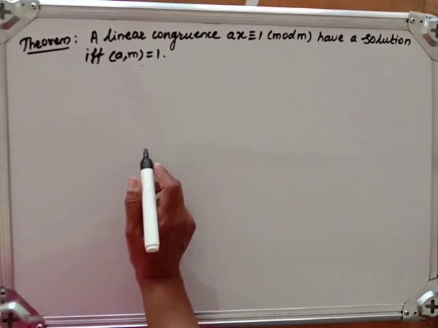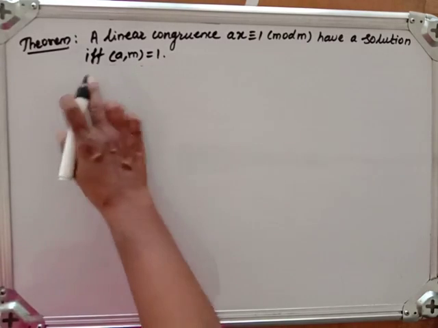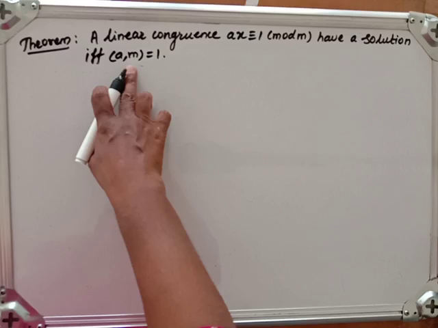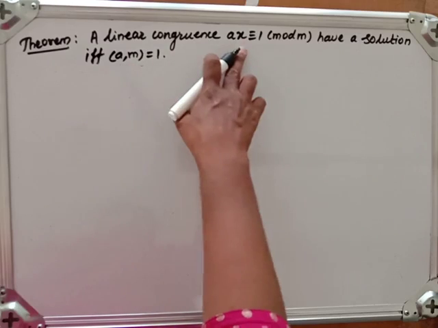If and only if means we have to prove it in both directions: if this is given, we prove that, and if that is given, we prove this.